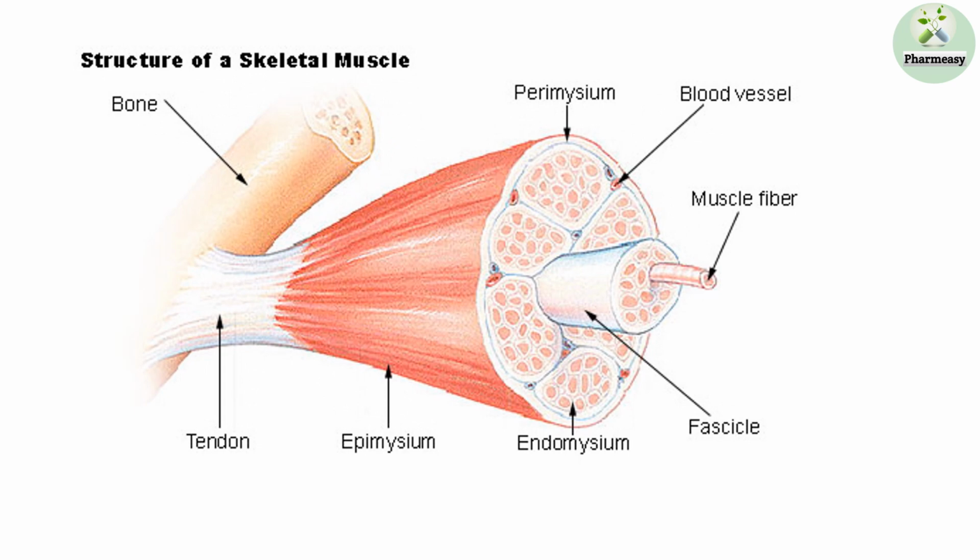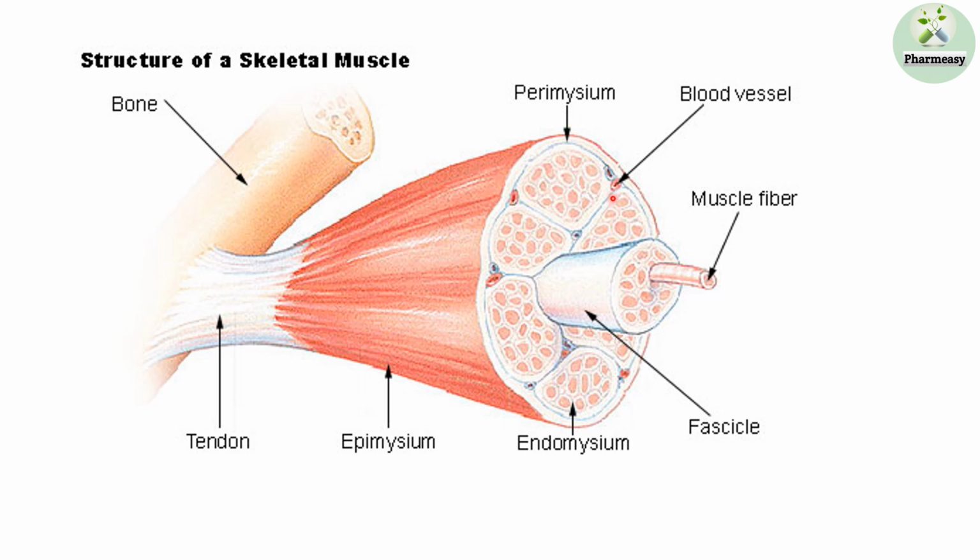Now, understand these points very clearly with the help of this figure. This is a skeletal muscle, meaning muscle which is attached to bone. Outer covering of the entire muscle is epimysium. And within it, fascicles are present. Outer covering of fascicle is perimysium.